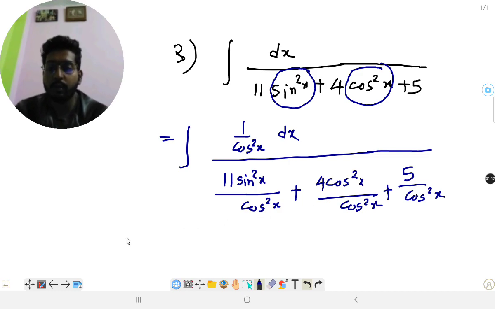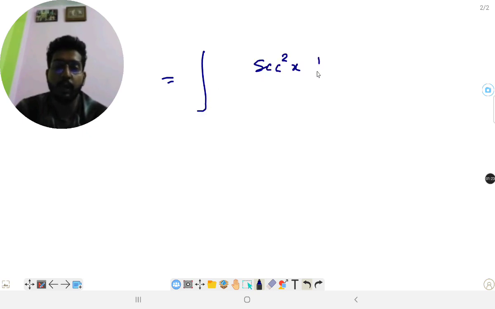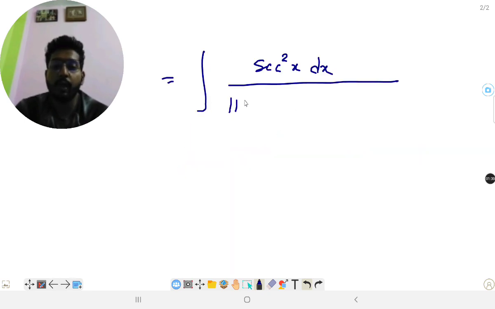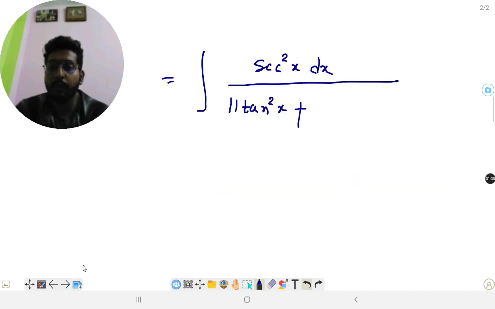Now the numerator will become 1 by cos square, which is sec square x, so that will be sec square x dx divided by 11 sin square by cos square, that means 11 tan square x, plus 4, as cos square and cos square cancel out, and 5 by cos square, that will be 5 sec square x.